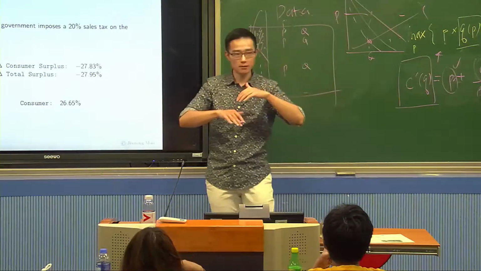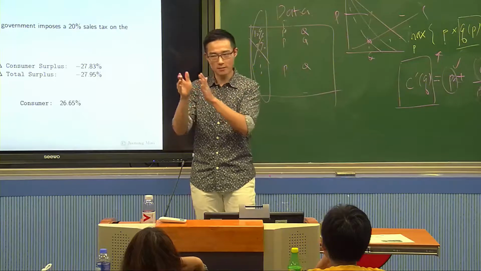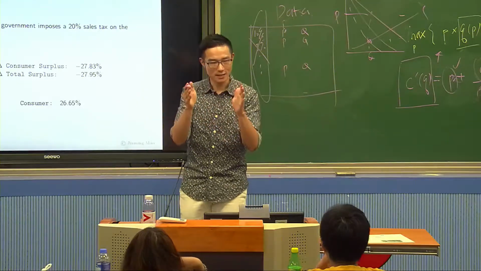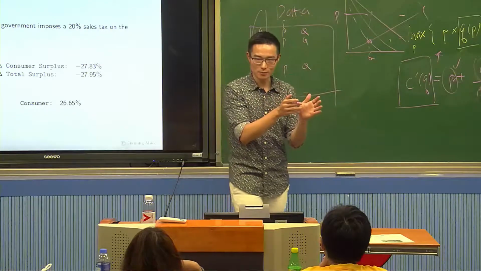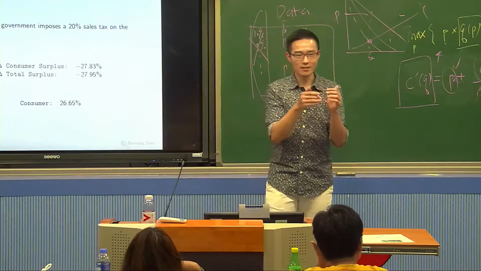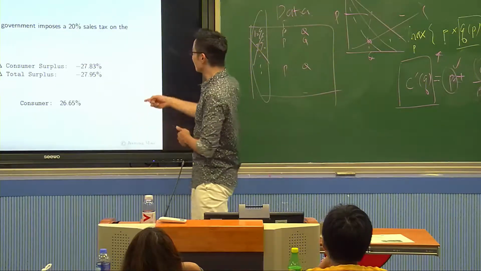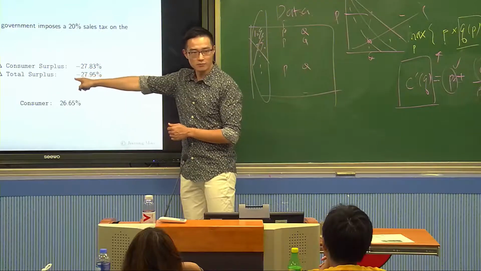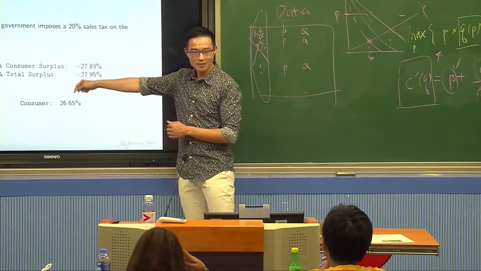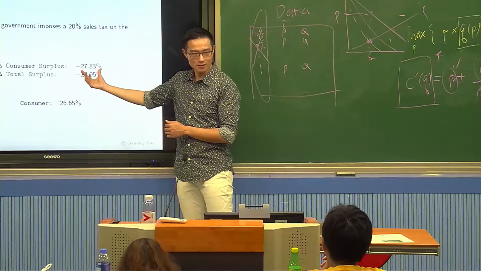But how much would price change? Anybody who has studied tax knows that part of the tax burden will be shared by the consumer, part by the producer, right? So in this case, how much burden is shared by consumer, how much by producer? It's very obvious that the consumer almost shares the entirety of the burden, so the entire decrease in total surplus almost goes to consumer surplus.